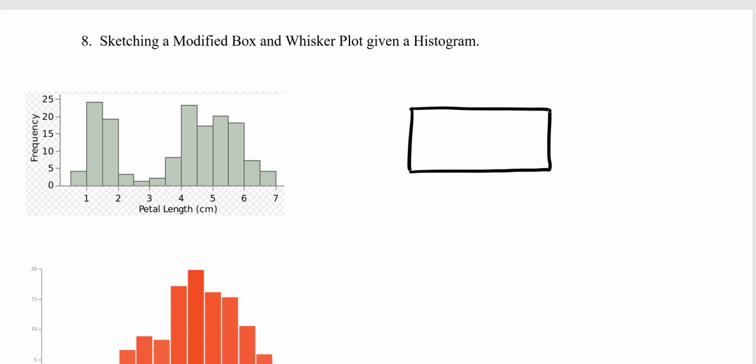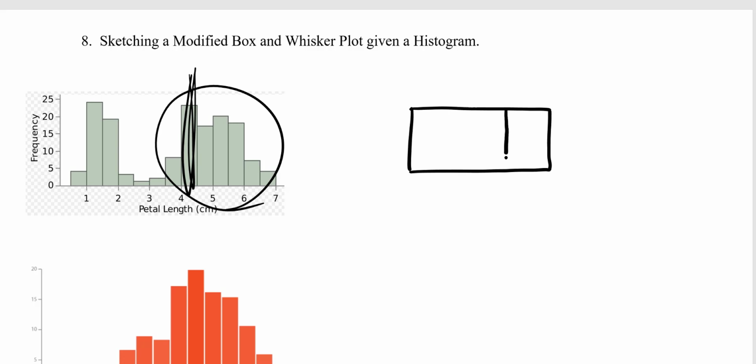Okay, and what's going on here? I would say more of the data is over here. Do you guys agree with that? So it's kind of to the right a little bit. Okay, so the middle of the data might be something over here. So I would say this is going to be moved over a little bit to that side. And then, I don't know really about these here.